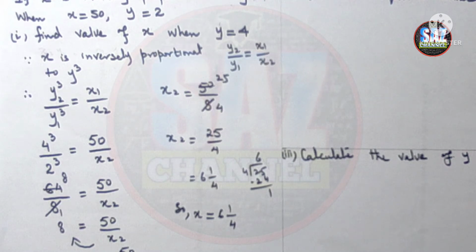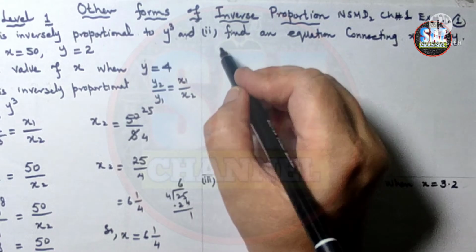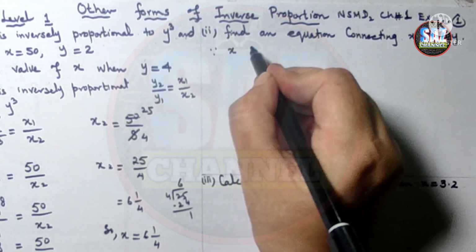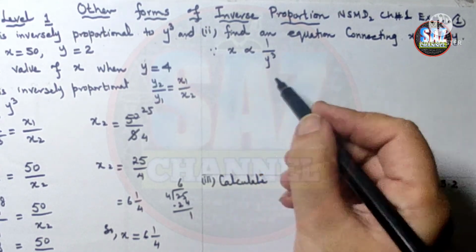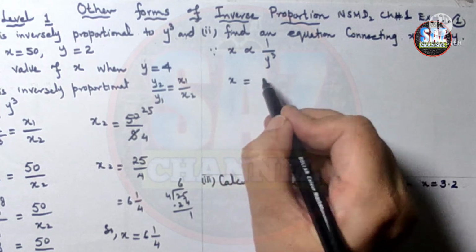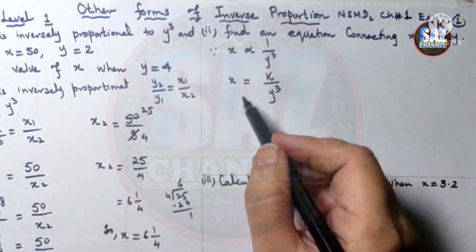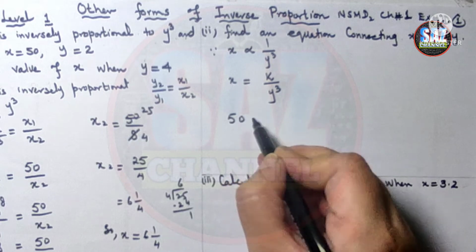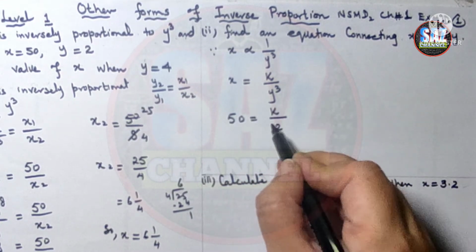And the second part says find the equation connecting x and y. In order to find the equation connecting x and y, we know that x is inversely proportional to what? y cube. So we'll write it like this: x equals k upon y cube, and now x is 50 given in the question, and y is 2 cube.